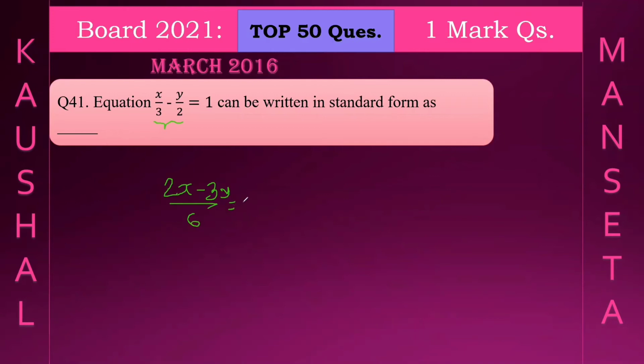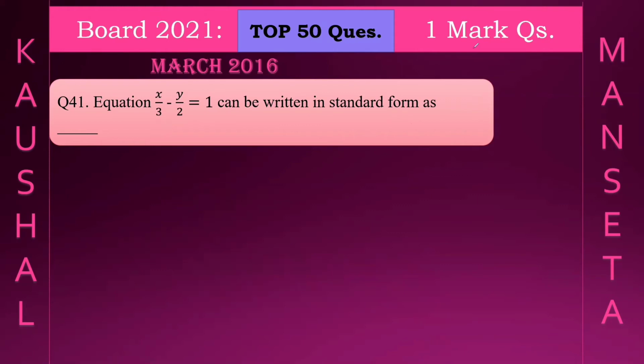So we get 2x minus 3y equal to 6, and 6 shifts to the left hand side. So we get 2x minus 3y minus 6 equals to 0. Is this the standard form of a linear equation in two variables, ax plus by plus c equals to 0? Okay, next.